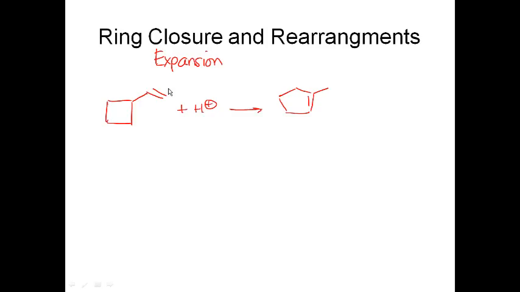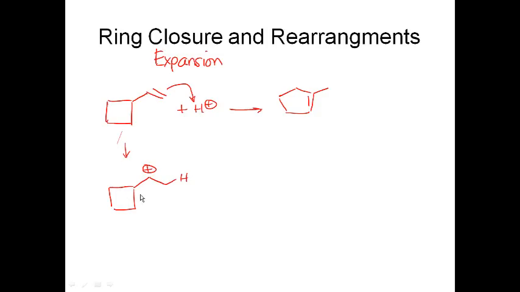If you take the double bond and you protonate according to Markovnikov's rule, we form the carbon-hydrogen bond and we form the secondary carbocation. Now, because this is a 4-membered ring that has a lot of ring strain, we have 90-degree bond angles here when we'd like 109.5.